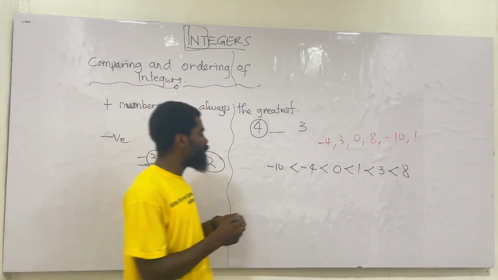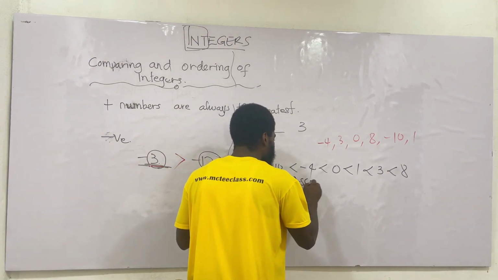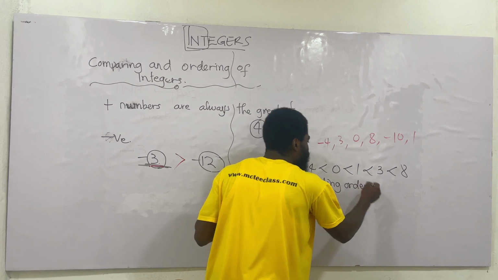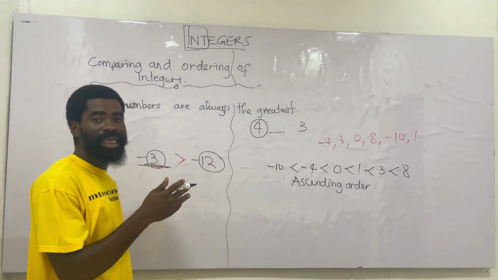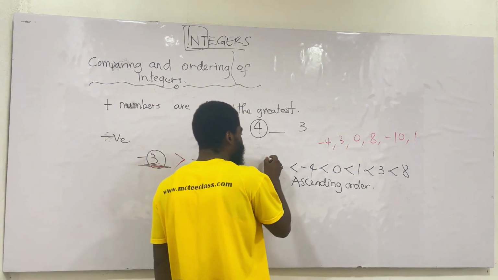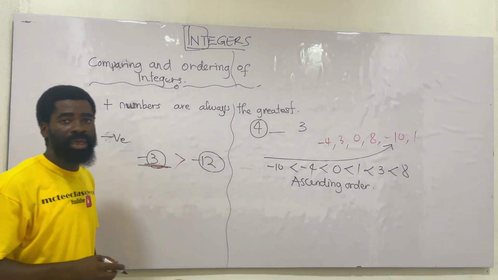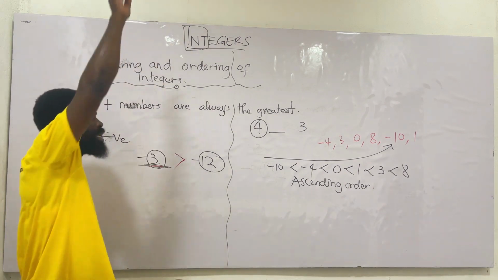So I have arranged this in ascending order of magnitude. That means it's starting from the smallest to the highest. I hope you understand what I'm saying here. That is what we mean by ascending order.